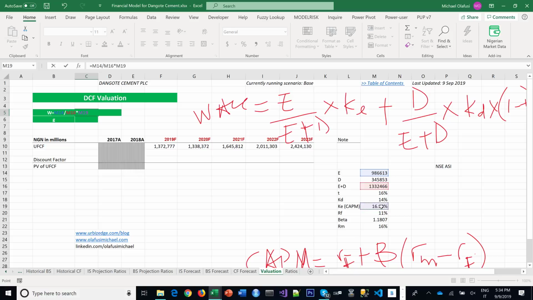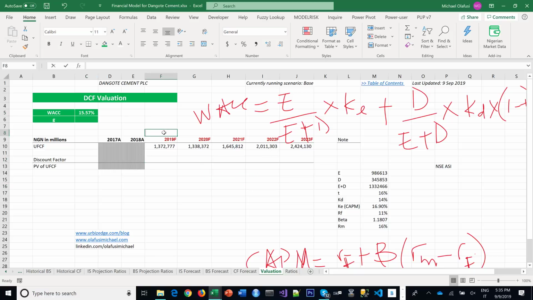All of this I'm going to put in a bracket, and then I'm going to say plus, in another bracket, D divided by E plus D times the cost of debt, then times 1 minus the tax rate. Then I close, and it gives me the WACC to use. Okay, so that's my discount factor.